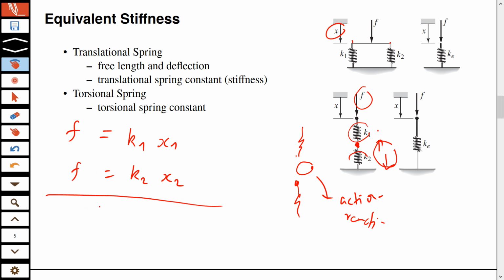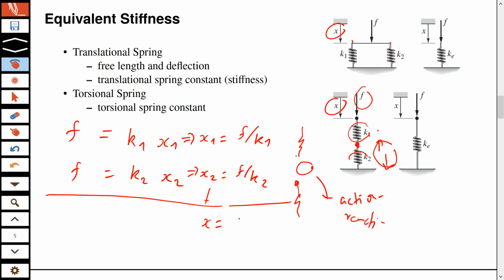Now, I don't want to add these two equations in this form. I would rather write this as x1 equals F over K1 and x2 equals F over K2. The reason I wrote it in this form is that now I can add these two equations. So if I add x1 and x2, I'll get x, because I know x is the combined displacement.